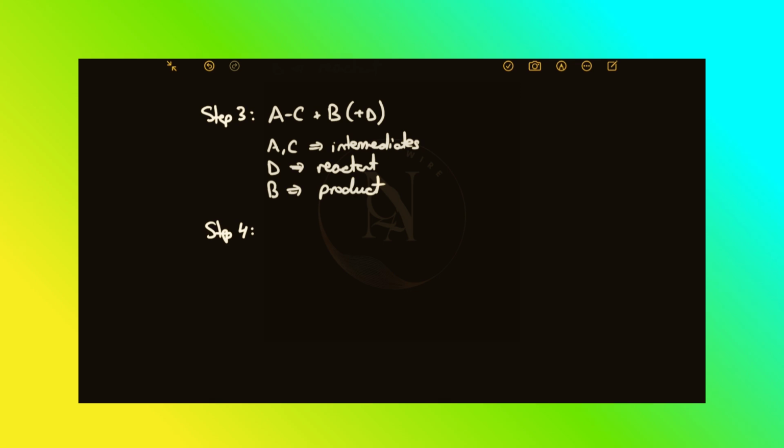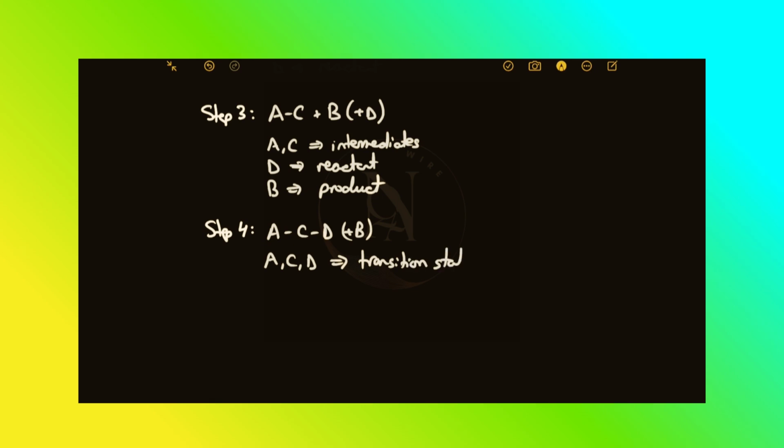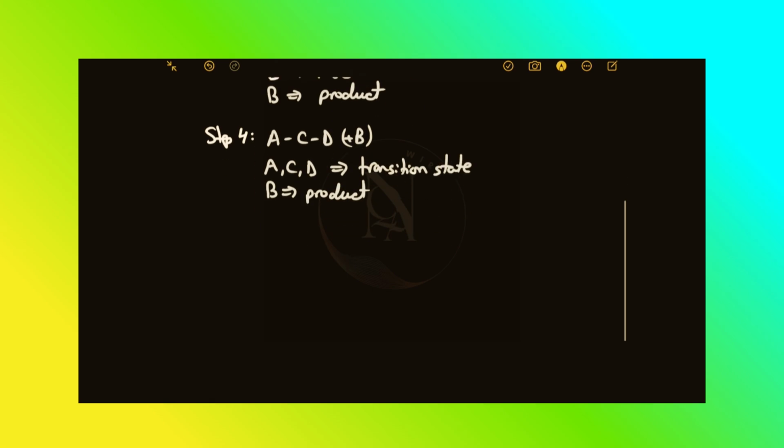For step 4, we have ACD plus B. Here, ACD is in a transition state, and B is a product.